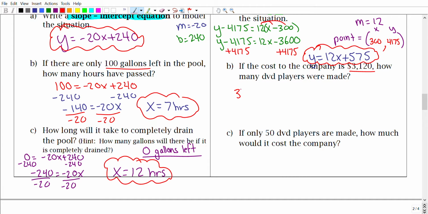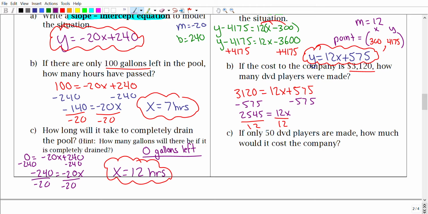So I have 3,120 equals 12x plus 575. All we're doing now is solving for x. I get 12x equals, go ahead and figure what that is. That's 2,545 divided by 12.